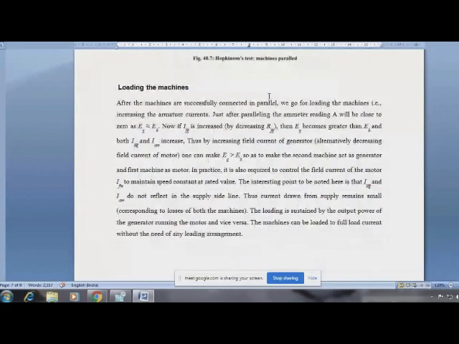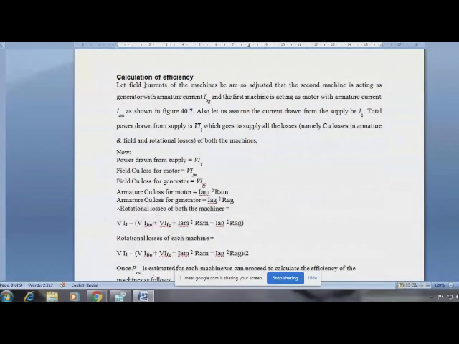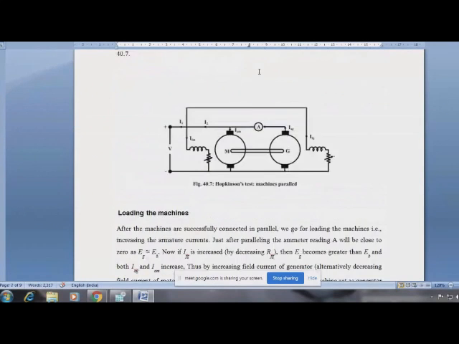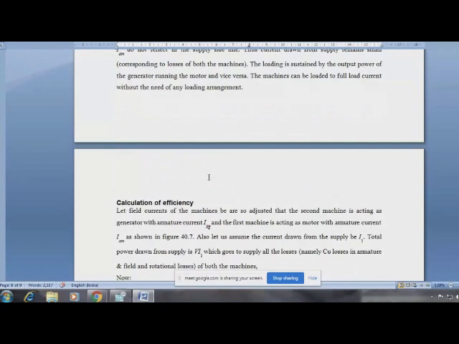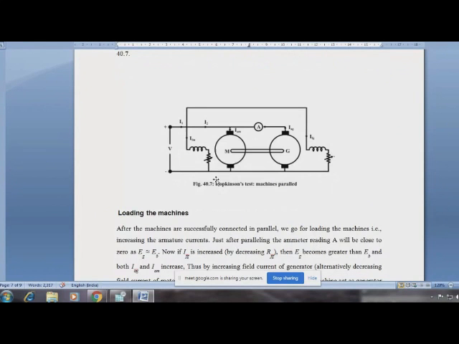Then probably we have completed the calculation of efficiency. So referring to this diagram, the power drawn from the supply is V into I1. Field copper loss for motor, V into IFM. You see, V is the applied voltage, IFM is the current to the field of the motor.